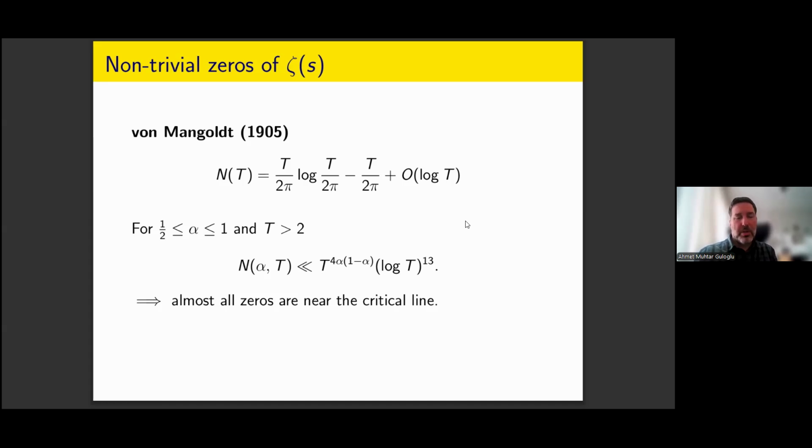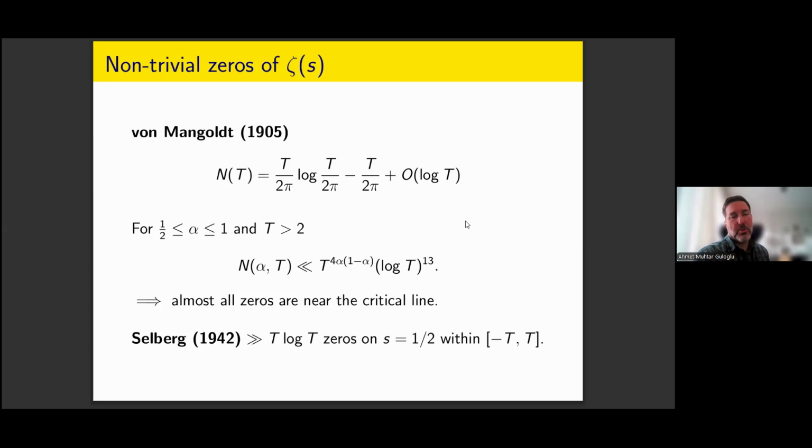All right. But the stronger result, which I want to mention, is due to Selberg in 1942, which started with, I think, Hilbert and Littlewood, but then Selberg showed that there are more than a constant times t log t zeros on the line s equals one half within a box of size t or 2t.